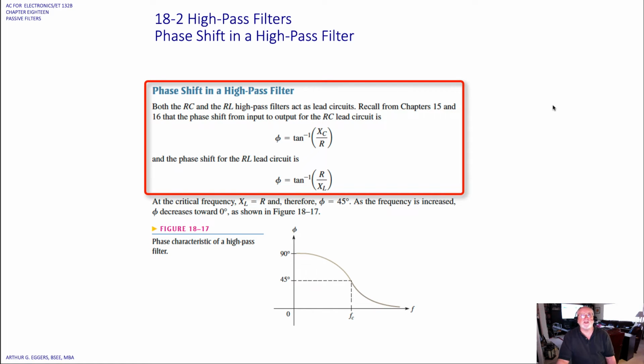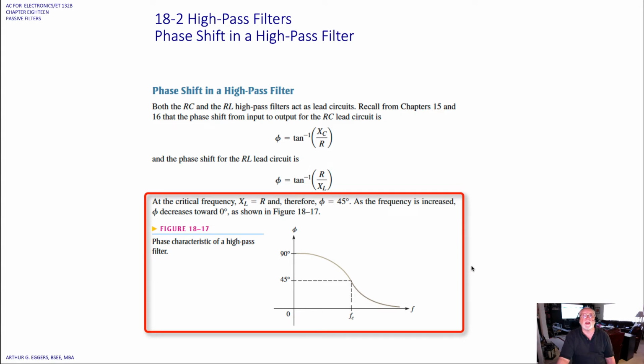Again, we look at the phase shift in a high pass filter. Both RC and RL high pass filters act as lead circuits. Recall from chapters 15 and 16 that the phase shift from the input to the output for the RC lead circuit is the inverse tangent of X sub C over R, and for the RL lead circuit, the inverse tangent of R over X sub L. At the critical frequency, X sub L is equal to R, and therefore phi is equal to 45 degrees.